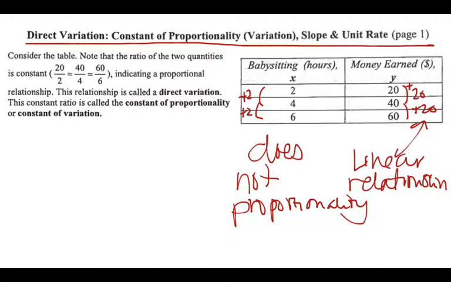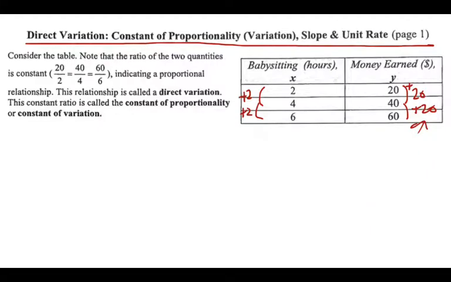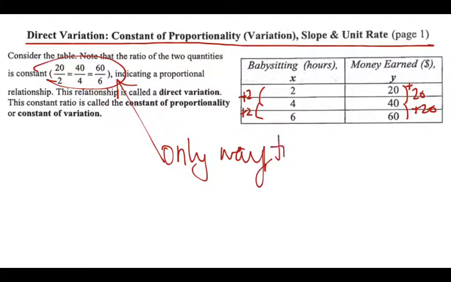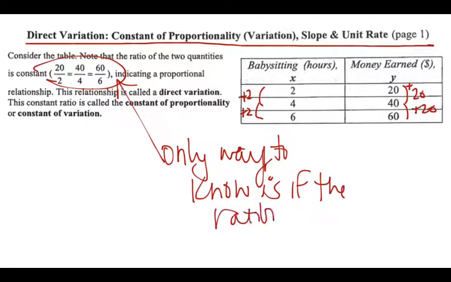It doesn't promise you that the line goes through the origin. The only way to know that the line goes through the origin, other than looking at it, is if the ratios are equal.